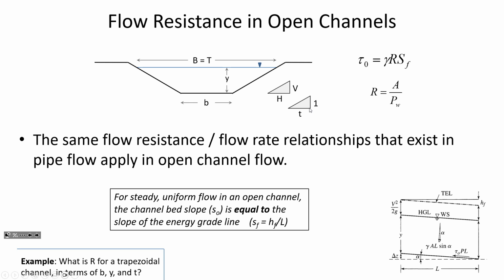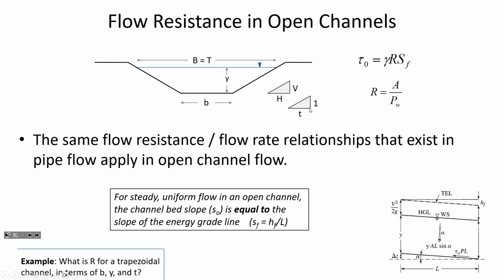So area can be expressed as B times Y plus Y times T times Y. So this, the side triangles, Y is the height, and then this segment on the top, that is T times Y. So the length of that, this is basically the same thing that I just showed you. B times Y is the center rectangle, and then Y times T times Y is the two side triangles added together.